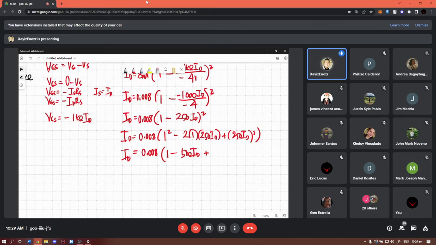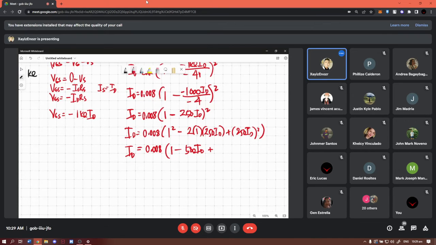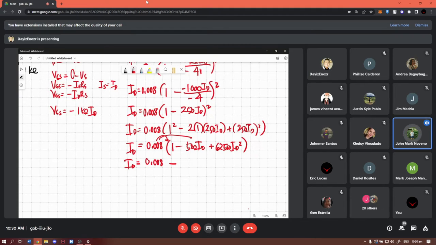So ilan to? Squared yung 250, 62,500. Ayan. Then distribute natin si 0.008. So we have here 0.008 minus 500 times 0.008, that is 4 ID, plus yung dulo, 62,500 times 0.008, that is 500.